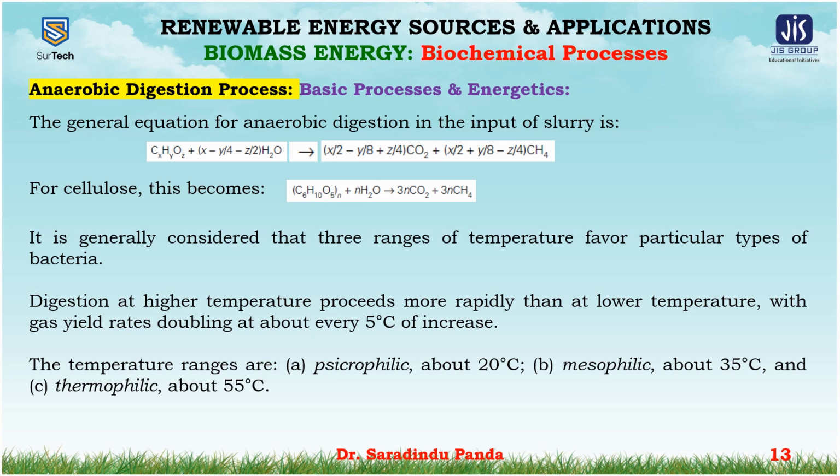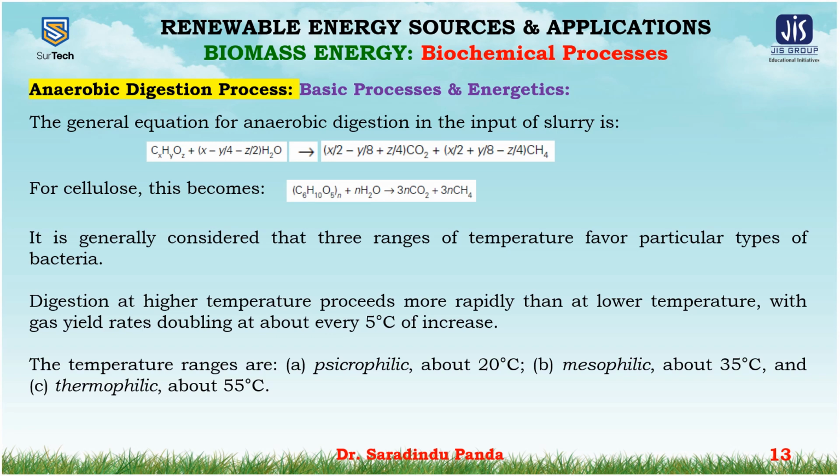In tropical countries, the unheated digesters are likely to be at average ground temperature between 20 and 30 degrees centigrade. Consequently, the digestion is psychrophilic, with the retention times being at least 14 days.